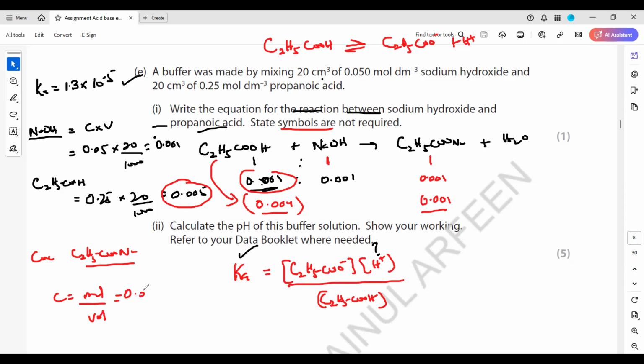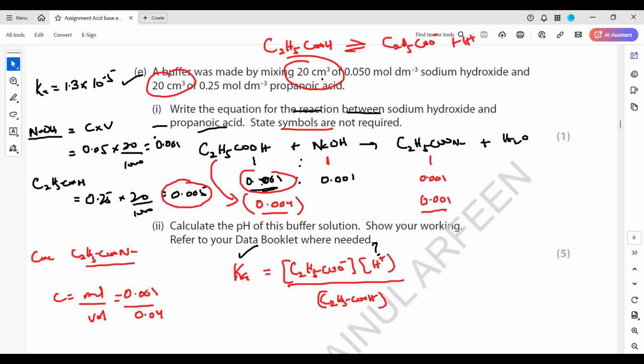How many moles are there? 0.001. But what about the volume of the solution? The new volume of solution is 20 and 20. Like 20 cm cube of alkali is added to 20 cm cube of an acid. So the total volume will be 40 cm cube. So if the total volume is 40 cm cube, so what you have to do? You have to divide it by 1000, so 40 divided by 1000, so 0.04.